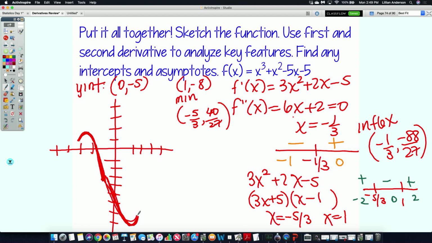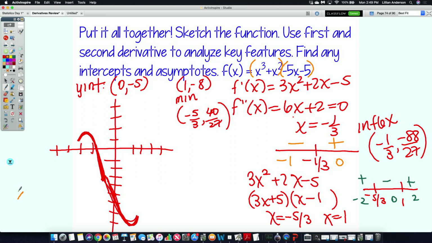The only thing I need to know are my x-intercepts, which I really can't call here because this is a cubic. Can I factor by grouping? Factoring by grouping is a way to factor a 4-part polynomial.